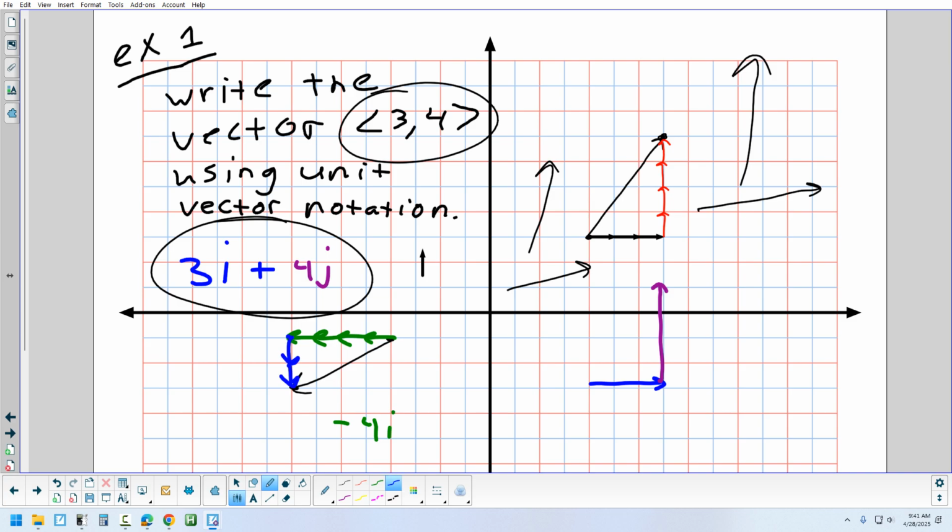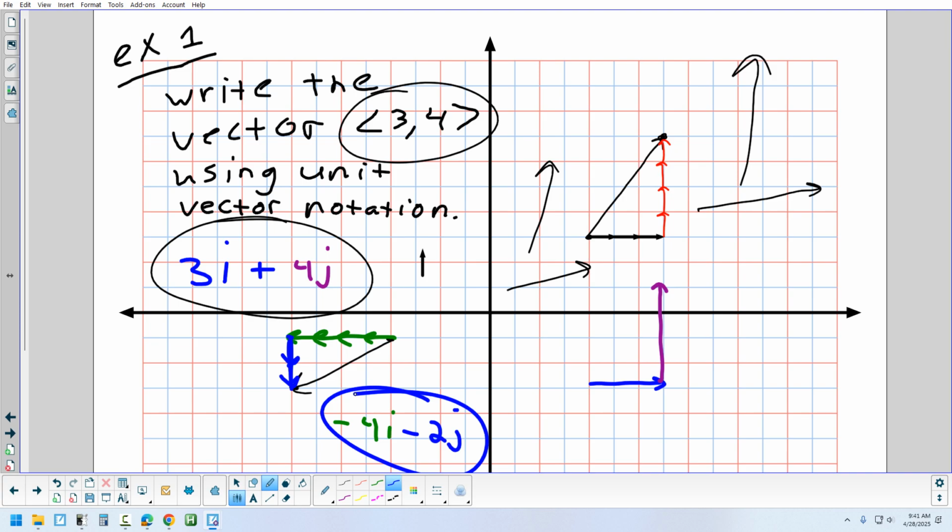What would this vector be that goes down? Negative 2j. So that vector in black is negative 4i minus 2j. So by making i and j negative, you can go left, right, up, or down. You can go any direction you want.